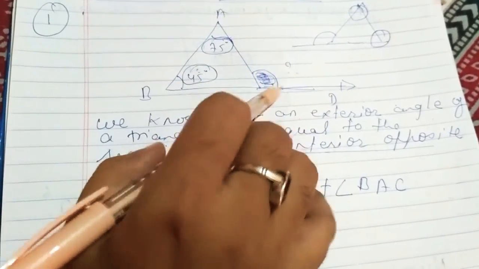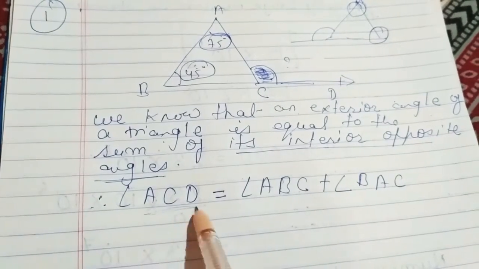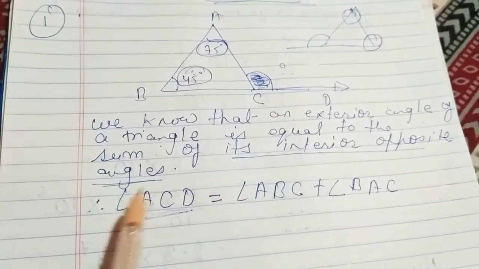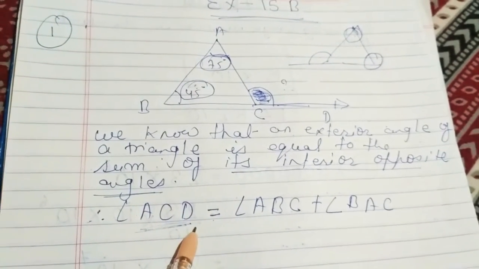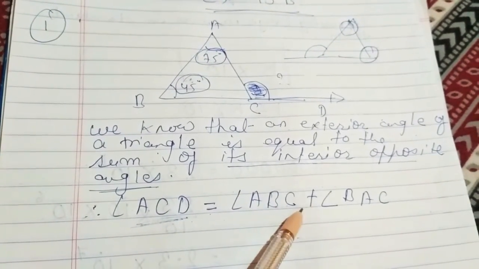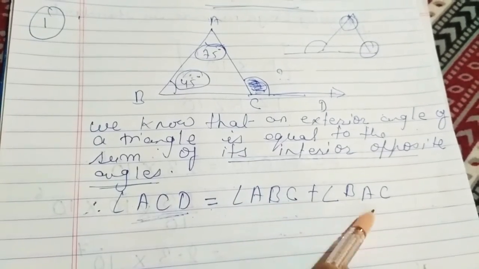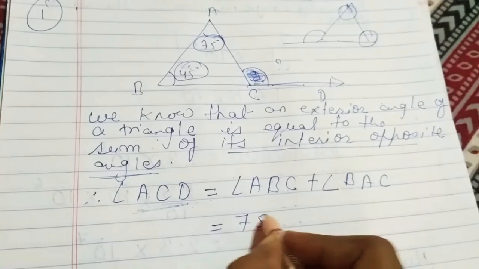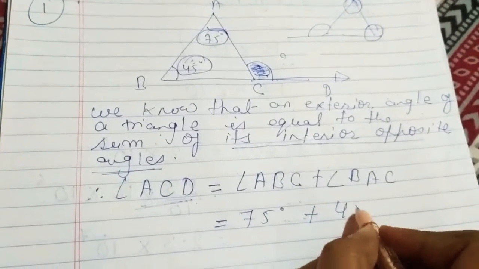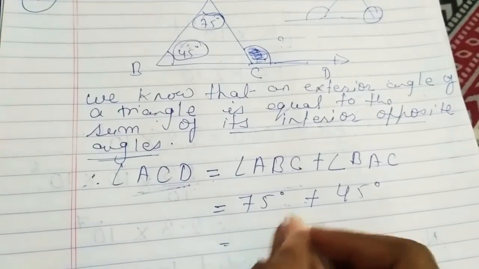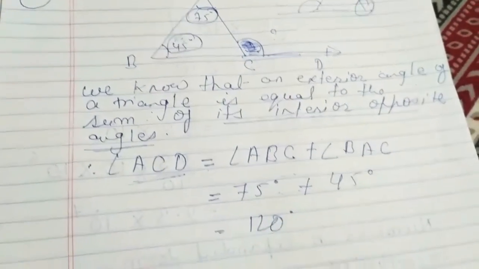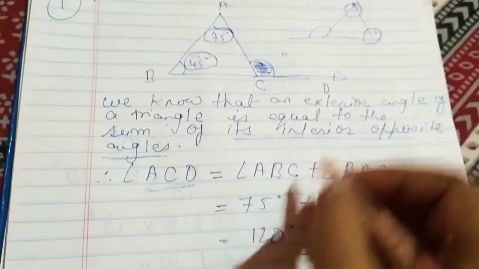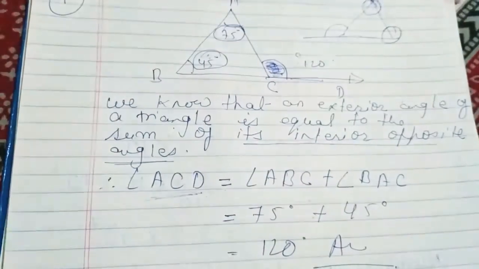So ACD is the exterior angle, and an exterior angle is equal to the sum of its two opposite angles. Writing the measurements, 75 degrees and 45 degrees, add both of them: 120 degrees. So this is your answer. This angle is 120 degrees.